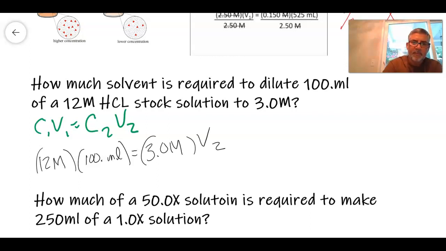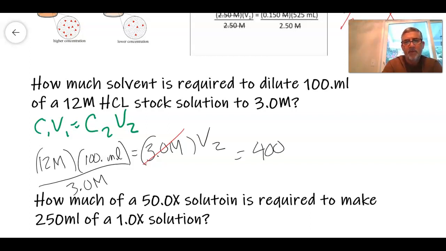If I do this problem, I can cancel that out, put it under here, and I get 400 milliliters. Be careful, that's not the answer, because this 400 is the final volume.